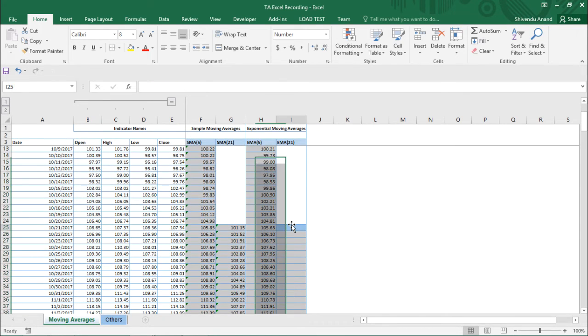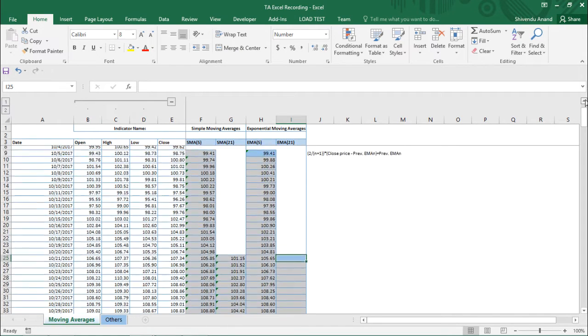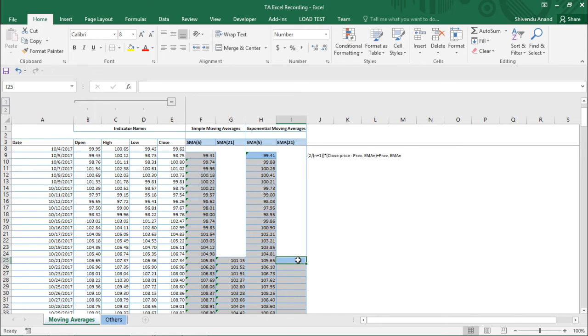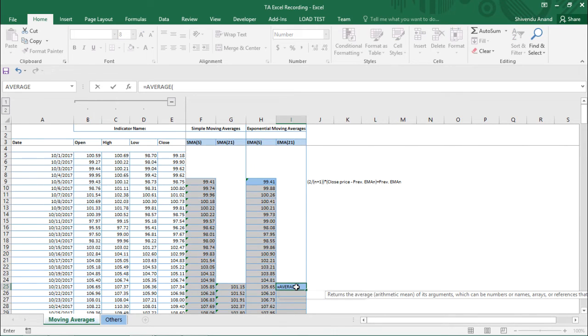So let's go ahead. Remember, the first would be your simple moving average. Hence, you can use the very simple formula is equal to average for the entire duration, which is 1st of October onwards for 21 days.